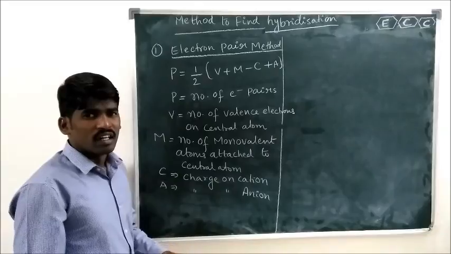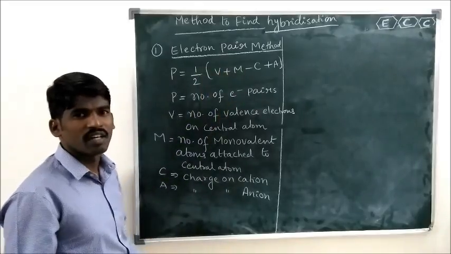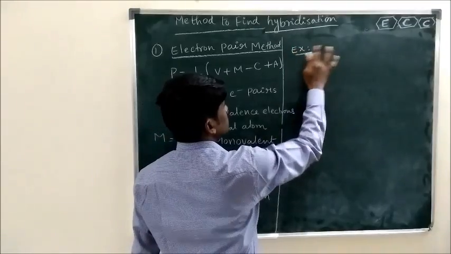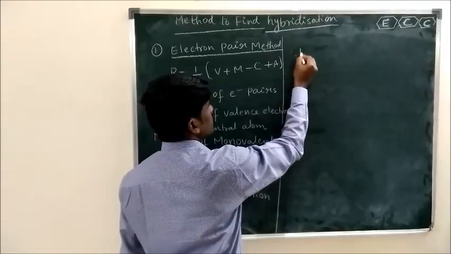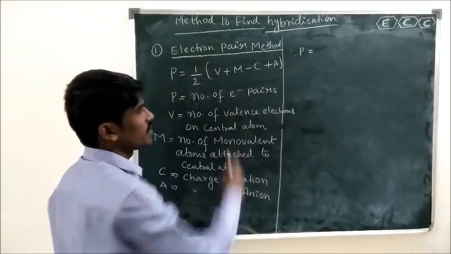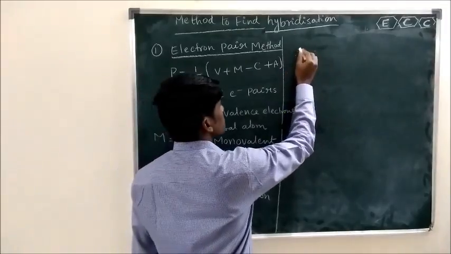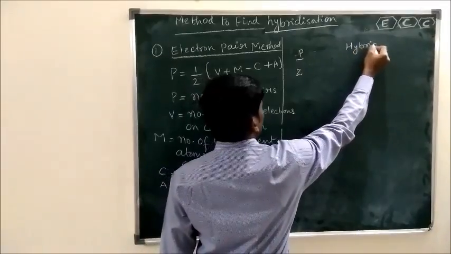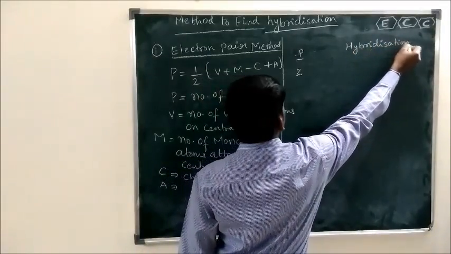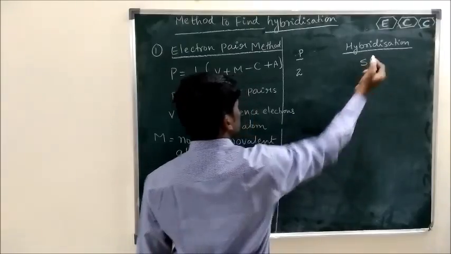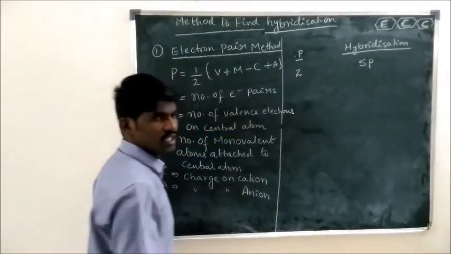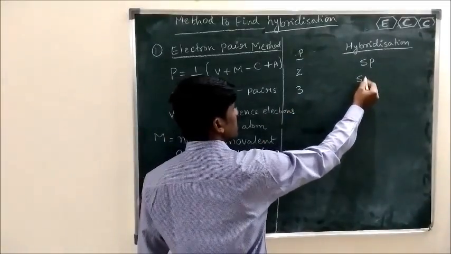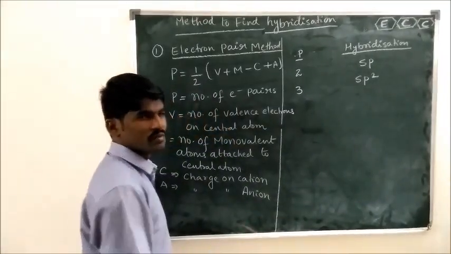Now let me explain this formula with the help of an example. Before that, P is equal to the number of electron pairs, as I told you. If the P value is equal to 2, in such cases hybridization is sp, 1 plus 1. If you get P equal to 3, hybridization is sp2, 1 plus 2.